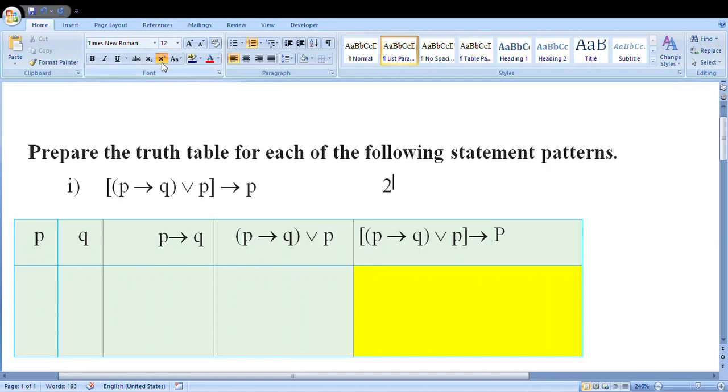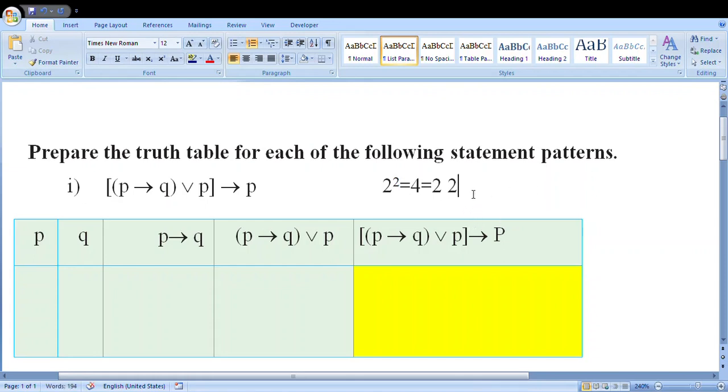So here the total statements are 2. Therefore we write 2 power 2 is equal to 4. Divide this 4 into 2 equal parts, so that is equal to 2, 2.